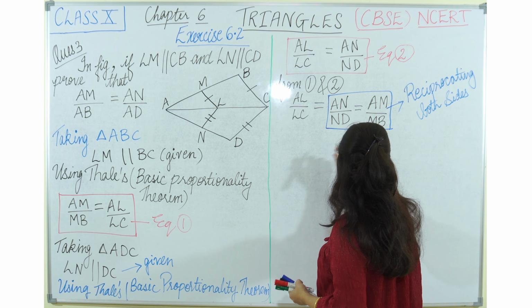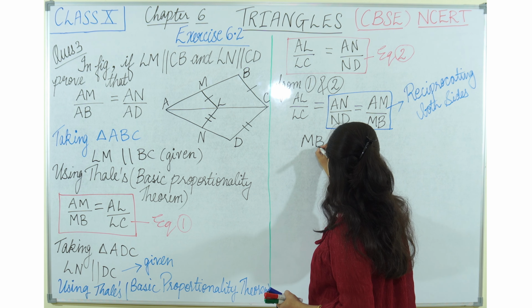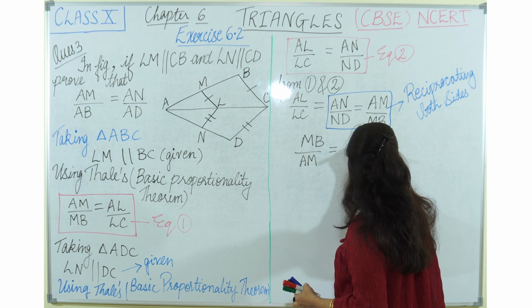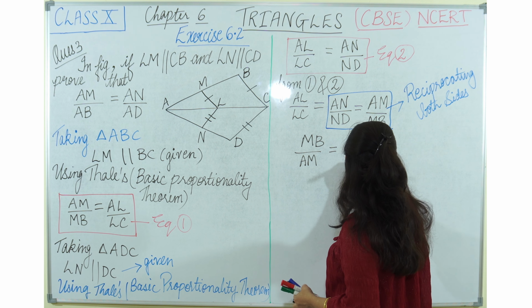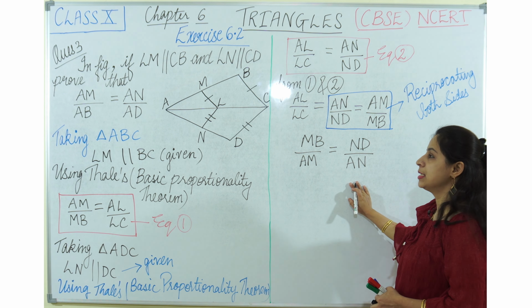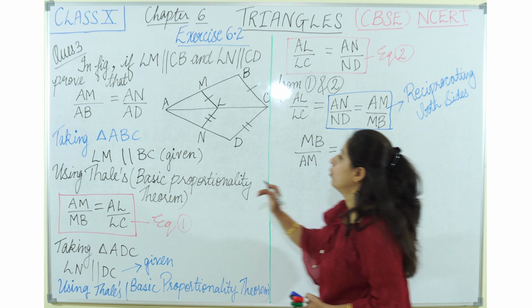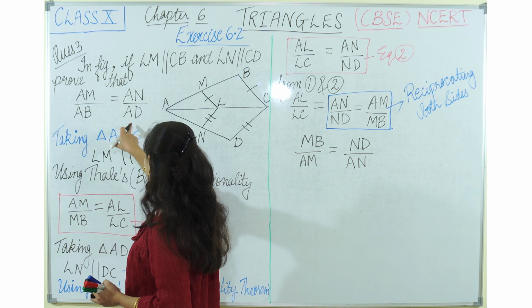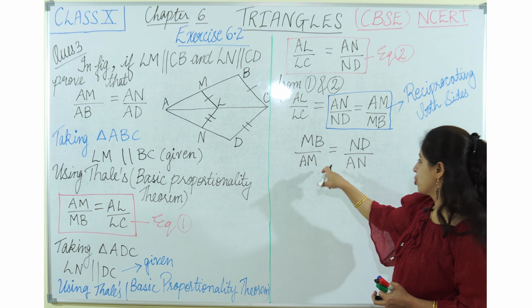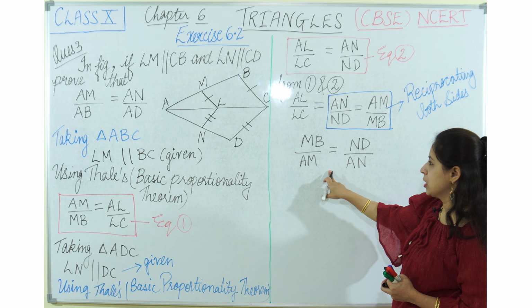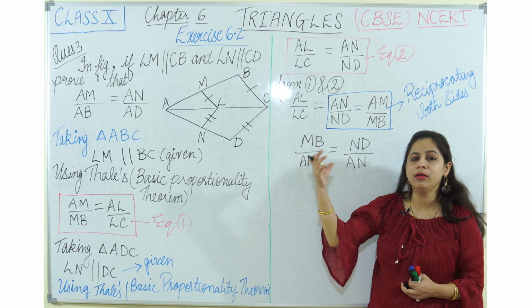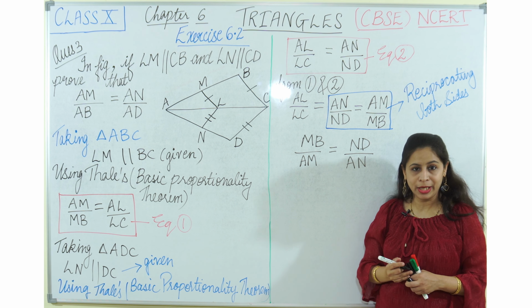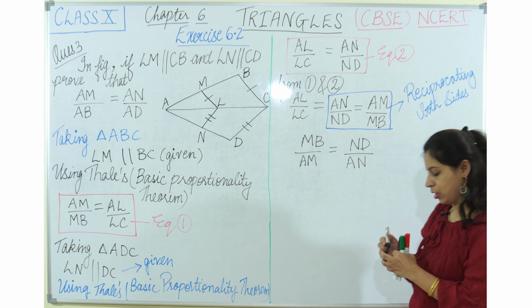It will give us MB upon AM equal to ND upon AN. We reciprocated it because we want AM upon AB equal to AN upon AD, in order to get the main proof which we want in the question.